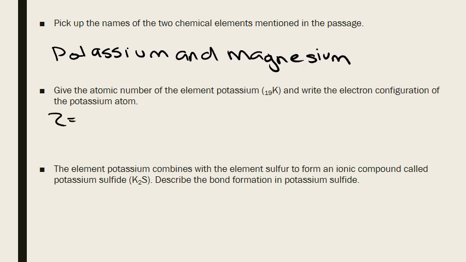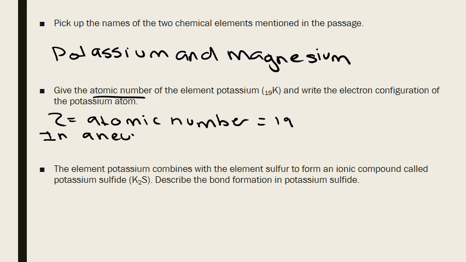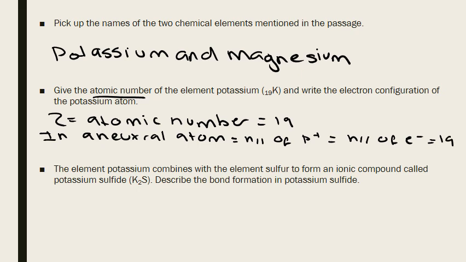So Z equals atomic number, which equals 19 in the neutral atom. Number of protons equals number of electrons, which equals also 19. So the number of electrons is 19.